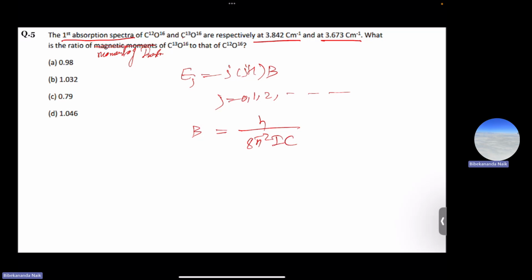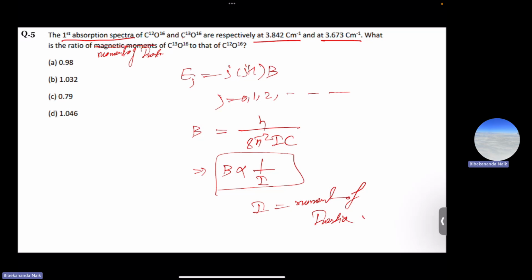So B is inversely proportional to I, where I is the moment of inertia.